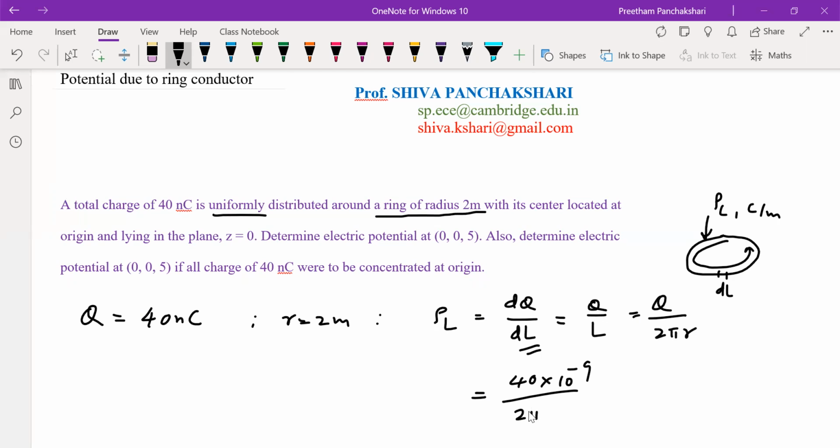That is 2 pi times 2, so 2 into 2, 4, can be cancelled here. So you get 10 nano divided by pi coulomb per meter. This way we can find the line charge density when the total charge is given for a ring.